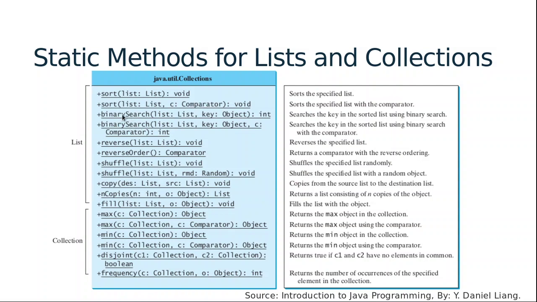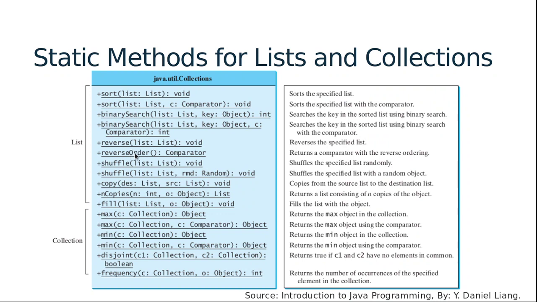Then there is a binarySearch method which is going to search a list for a particular key object, and searching can happen based on the user defined comparator object. Then there is a reverse method which is going to reverse your entire list.